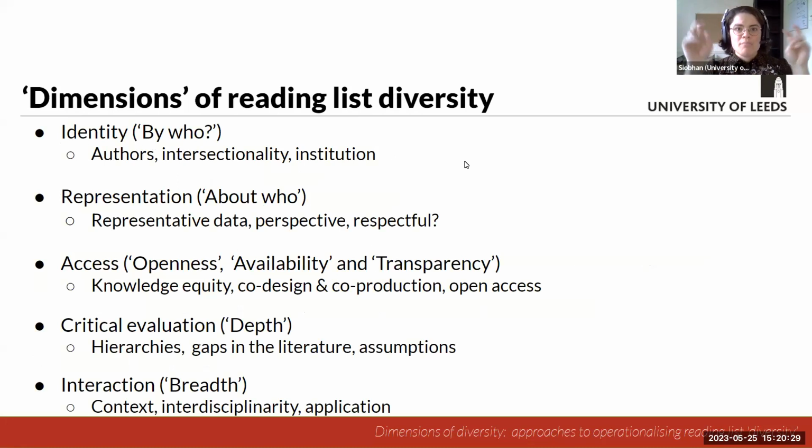So I think the dimensions of diversity I look at, because I think the key point of this is that I believe that diversity in an academic resource or academic context isn't the same as our colloquial understanding of the word. Colloquially, we think about people, we think about diversity, staff diversity, or demographic diversity. But I think that in an academic text setting, that word means something different, and I think we need to unpack that.